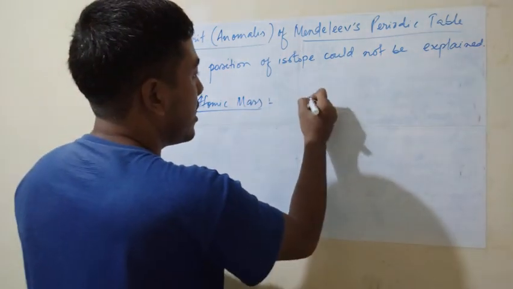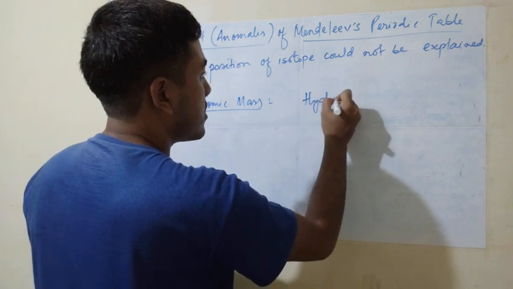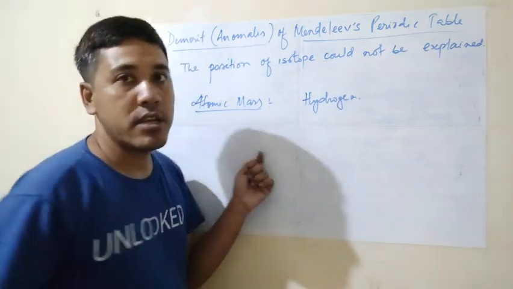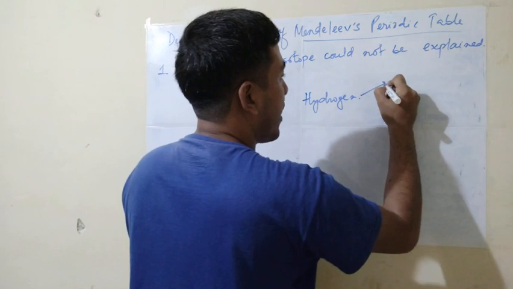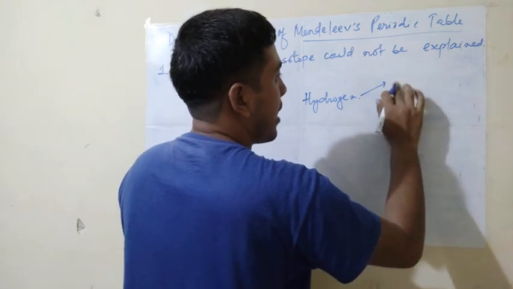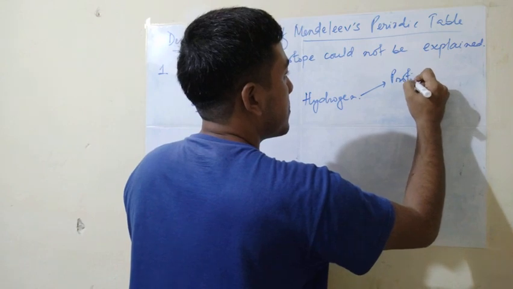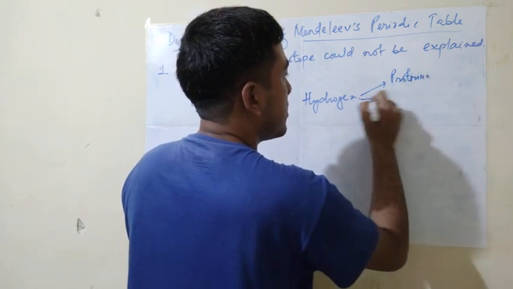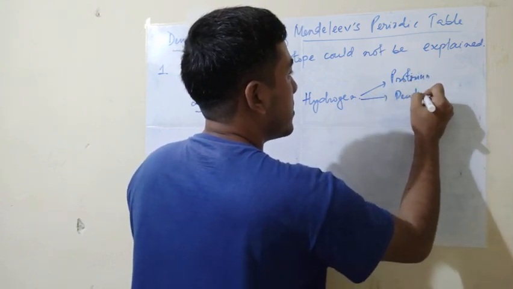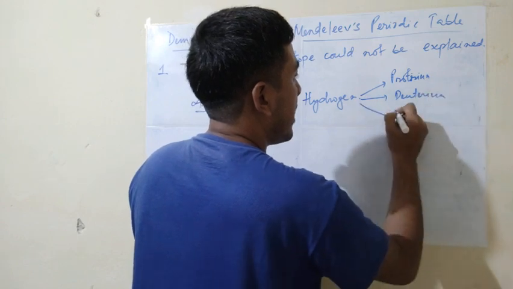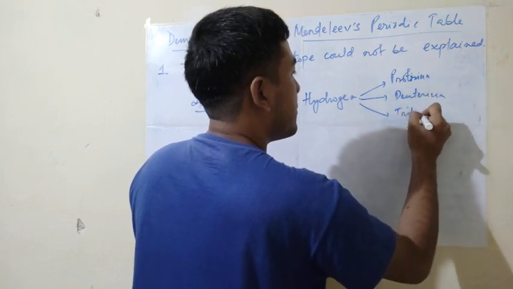Take hydrogen. Hydrogen has three isotopes: protium, deuterium, and tritium.